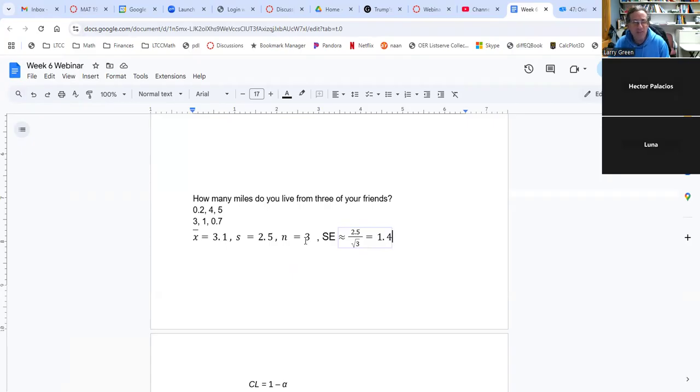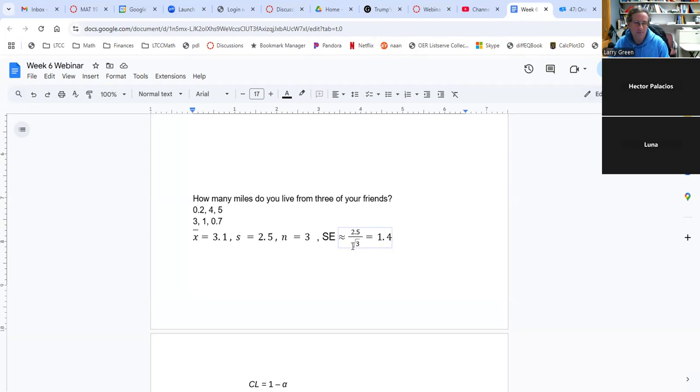Any questions so far on getting the information that I want and using what we did last week? The central limit theorem, which said that the standard error is the standard deviation over the square root of the sample size. Any questions about any of these calculations?